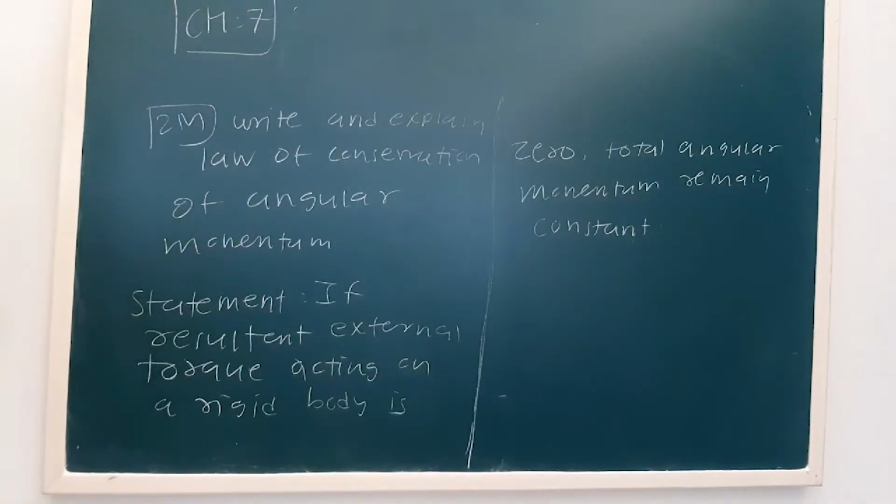Okay, see, if the resultant external torque acting on a rigid body is 0, its total angular momentum remains constant.